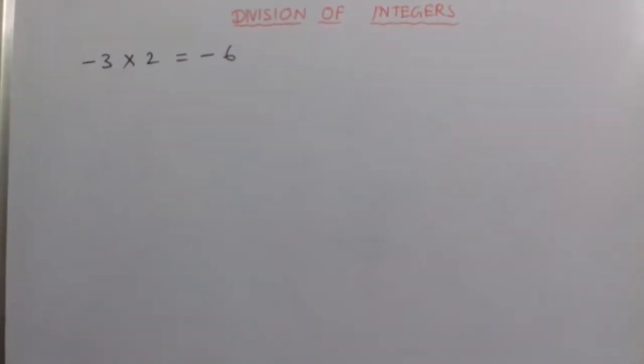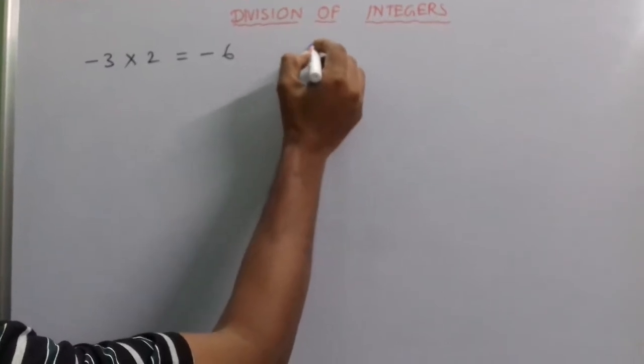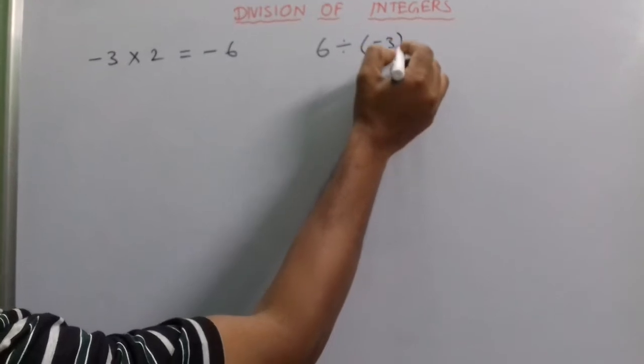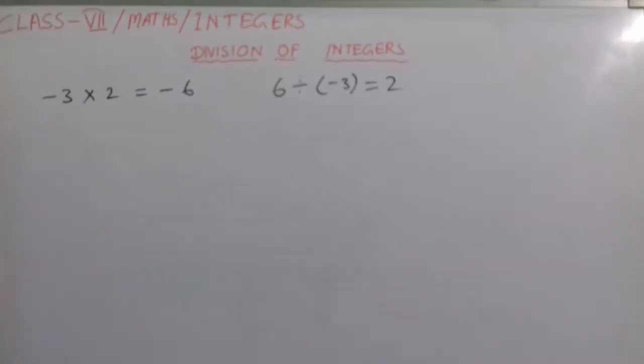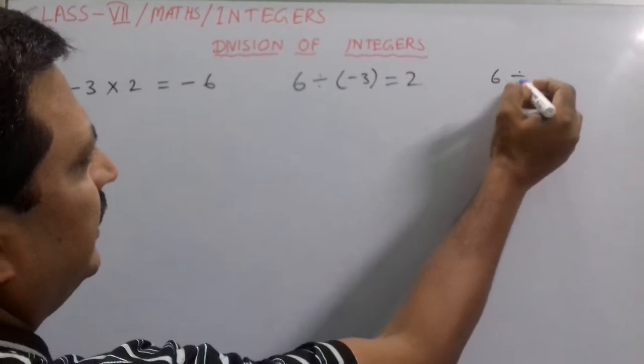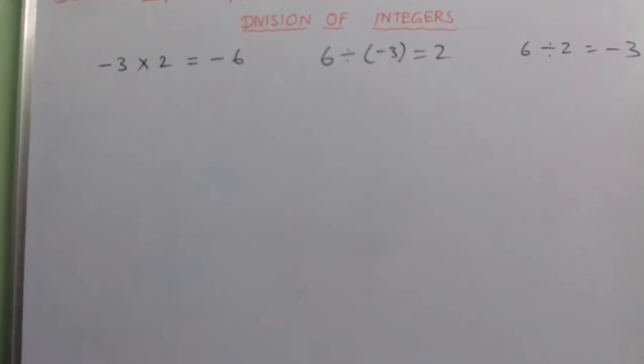So if I write this as a division statement, how can I write? I can write minus 6 divided by minus 3 gives you 2. Or I can also write minus 6 divided by 2 equal to minus 3.